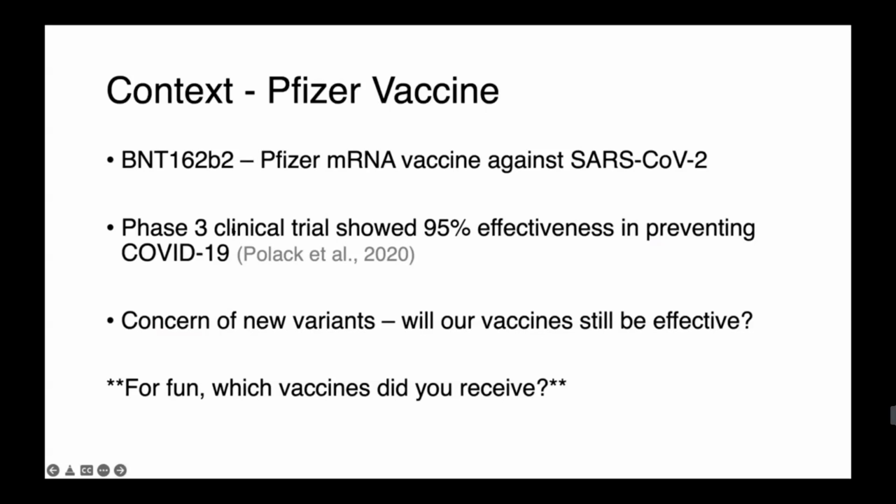We know that the Pfizer mRNA vaccine is called BNT162b2. Phase 3 clinical trials showed a 95% effectiveness in preventing COVID-19. And there, of course, is a major concern of new variants and how the vaccine will be effective towards these.